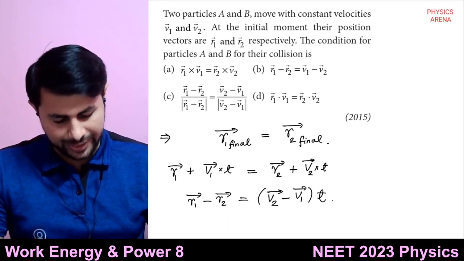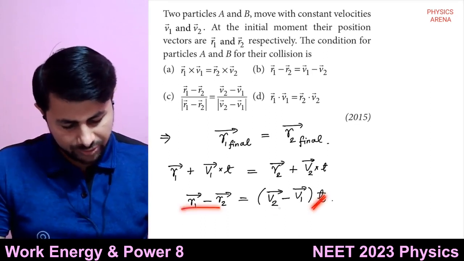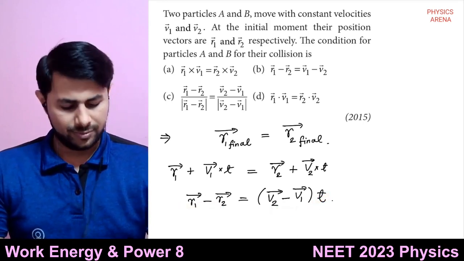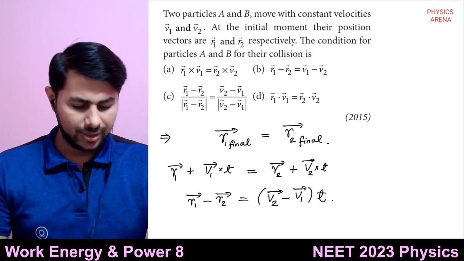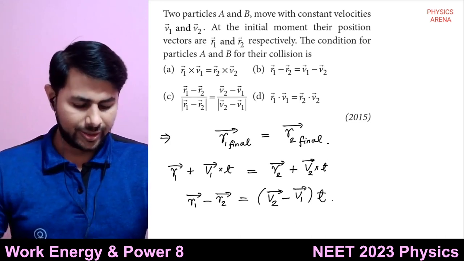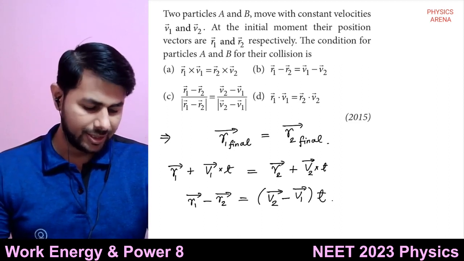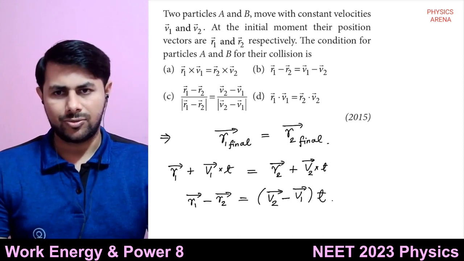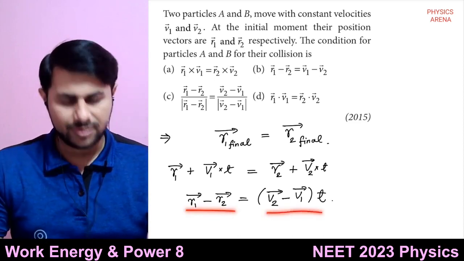Okay, so t is a number. What can you say about these two vectors? r1 bar minus r2 bar and v2 bar minus v1 bar, sorry. r1 bar minus r2 bar is equal to some number multiplied by v2 bar minus v1 bar. So what can you say about this vector and this vector?